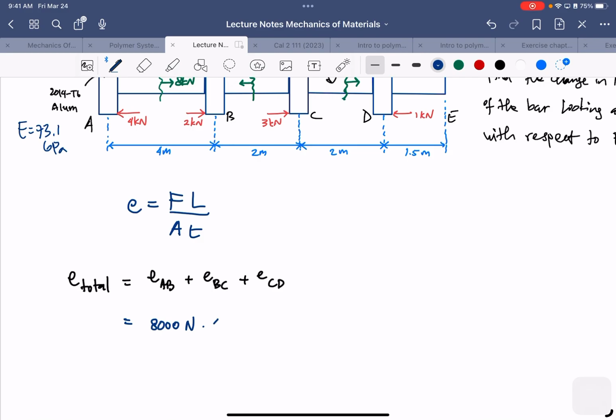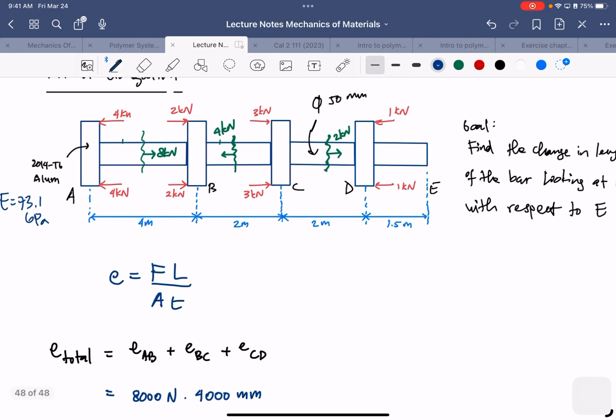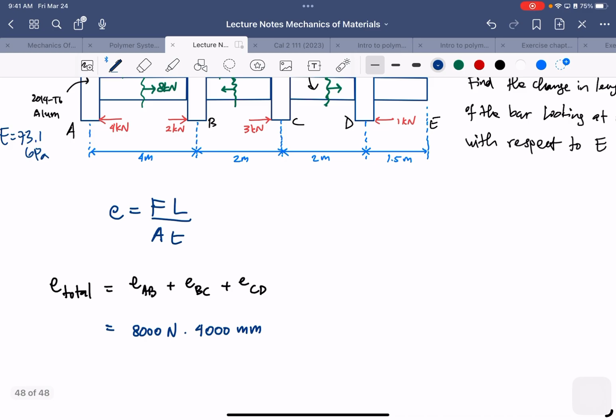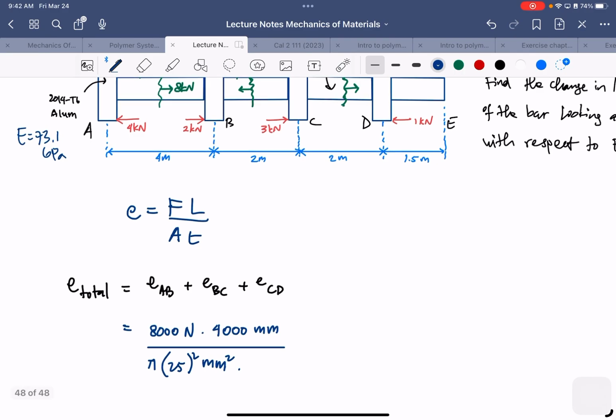Let me write in millimeter, because the diameter is in millimeter, and then divide by pi times 25 squared millimeter squared, and E is 73.1, so 73,100 MPa or newton per millimeter squared, so we can cancel everything nicely.